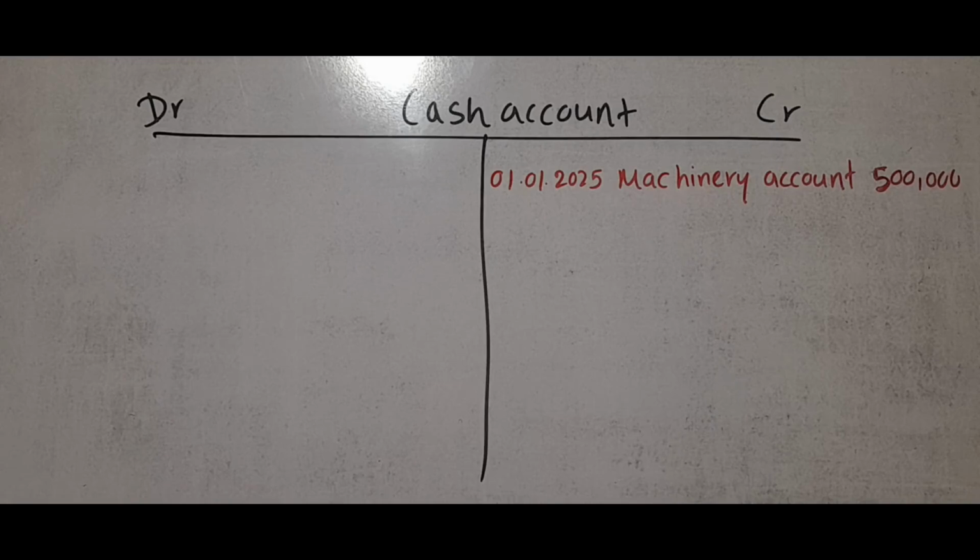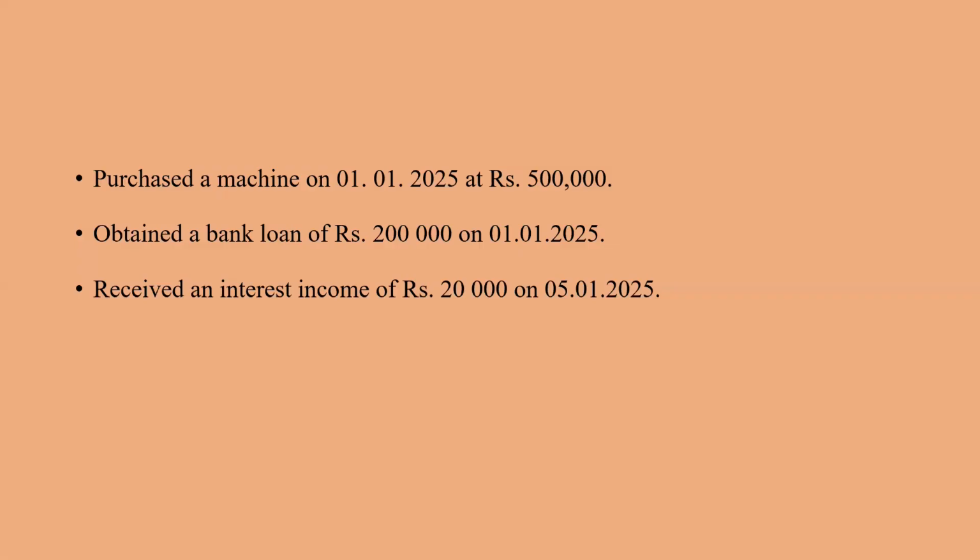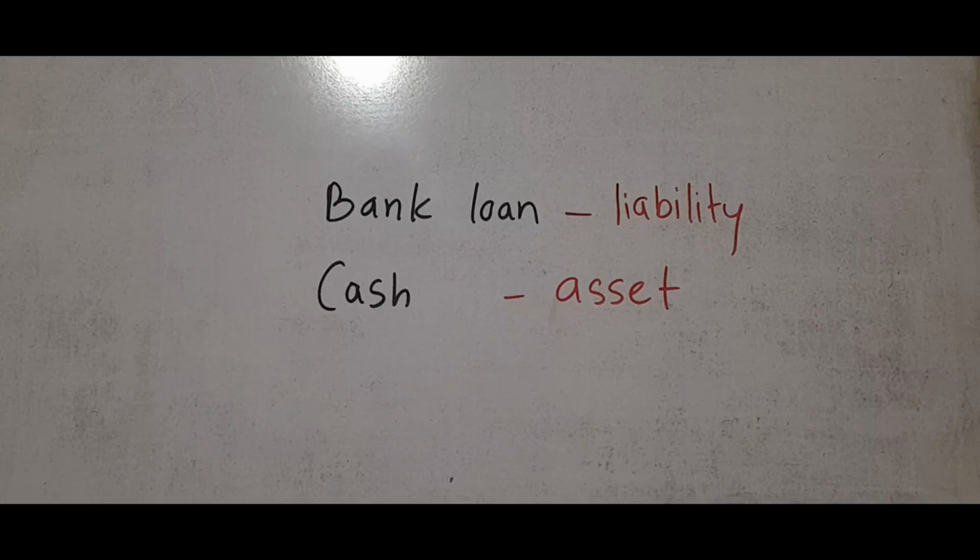So, cash account credit. Obtain a bank loan of 200,000 rupees on 1st of January 2025. Now here, in this transaction, there are two items, bank loan, liability, and cash asset. So we need two accounts, a bank loan account and a cash account.